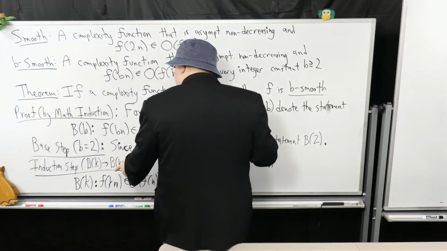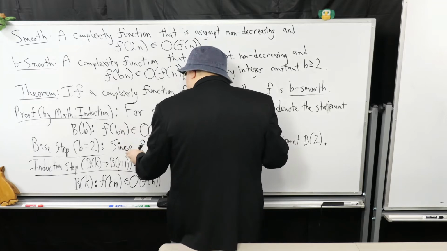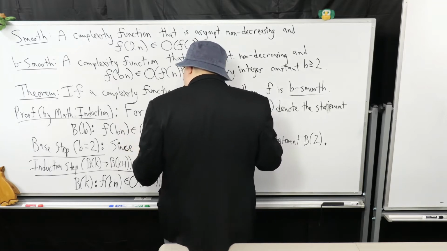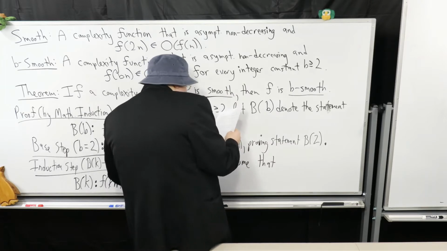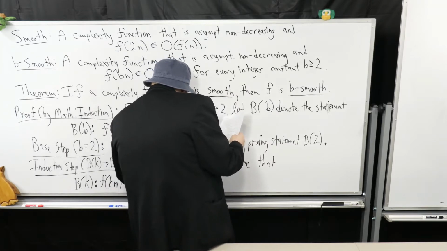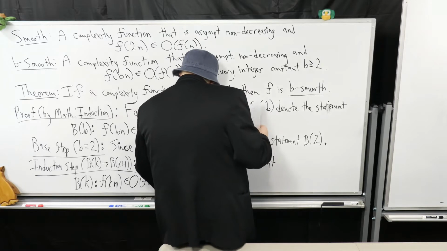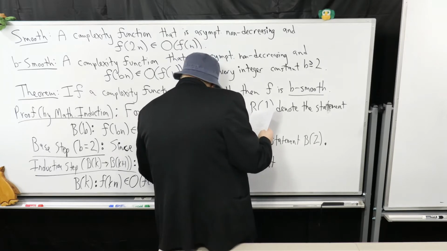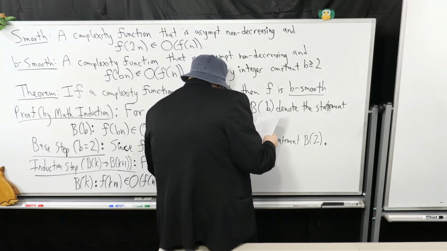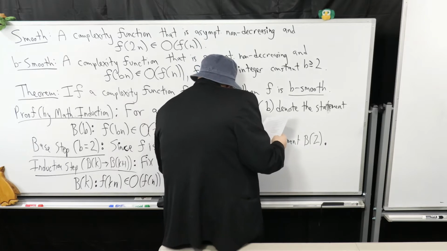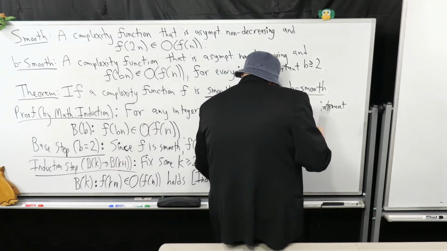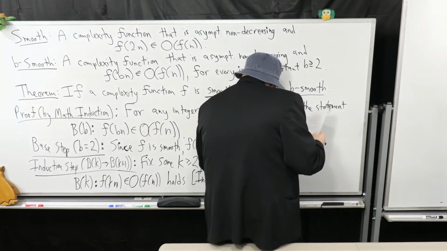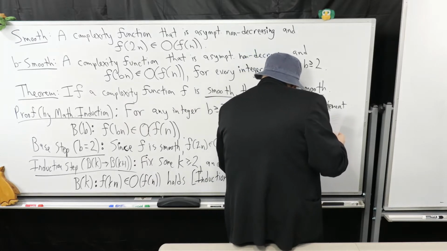B of k says that f of k times n is big O of f of n. So we're going to assume this holds. This is what we would call the induction hypothesis, or the inductive hypothesis, which I'll abbreviate as IH.